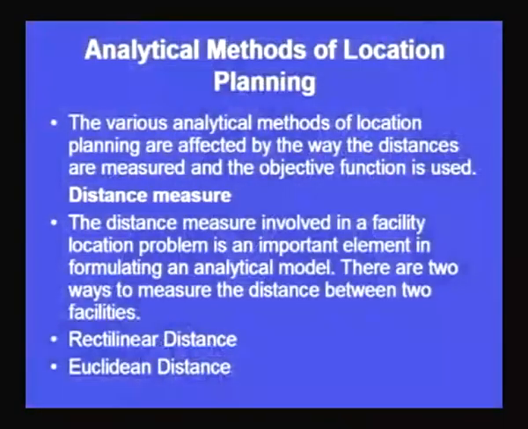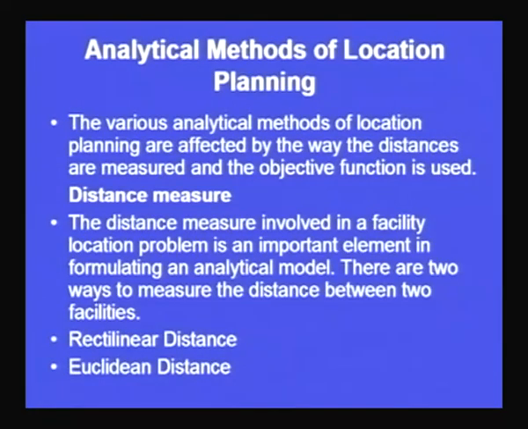So, for location planning, what are the analytical methods used? This is a very simple method which may not be directly used in any of the analysis, but it lays the foundation for some other sophisticated methods that can be used for location planning. So, on your screen you can read that the various analytical methods of location planning are affected by the way distances are measured and the objective function used.